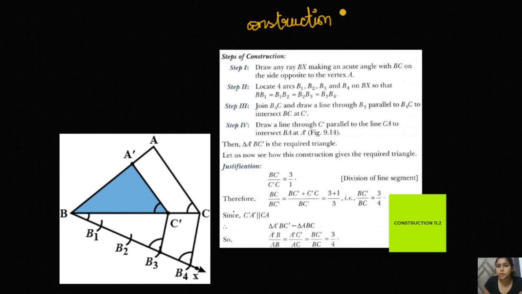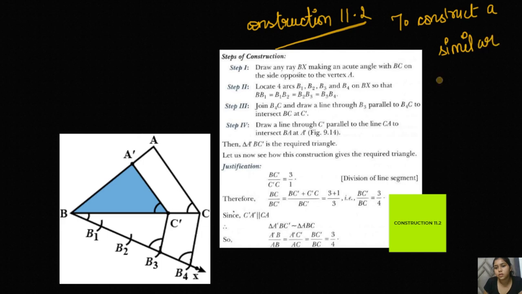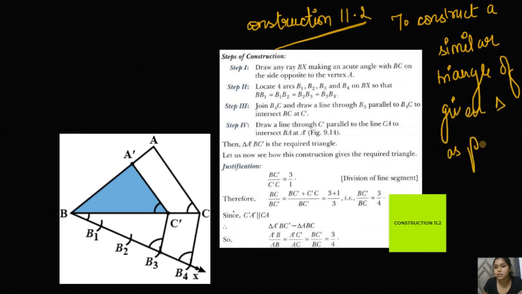So the statement for this particular construction is: to construct a triangle similar to the given triangle as per the scale factor.